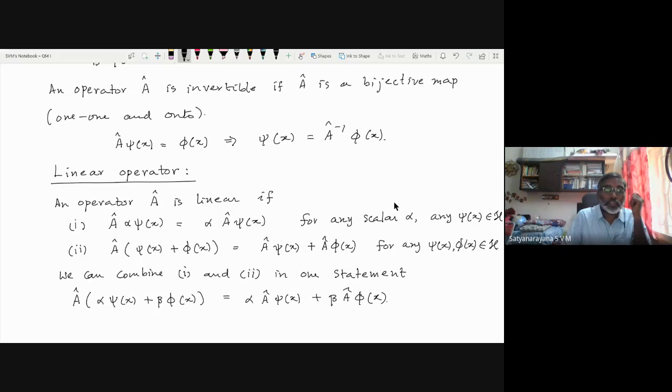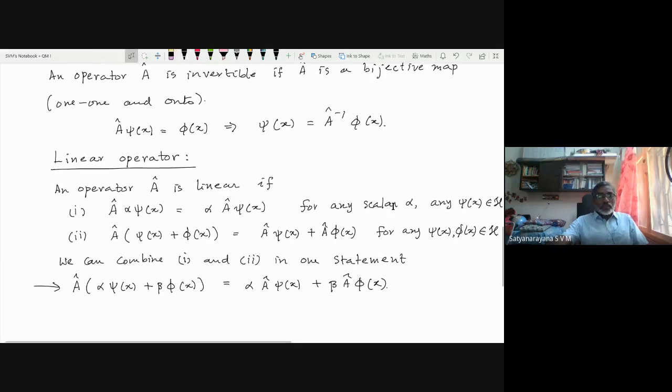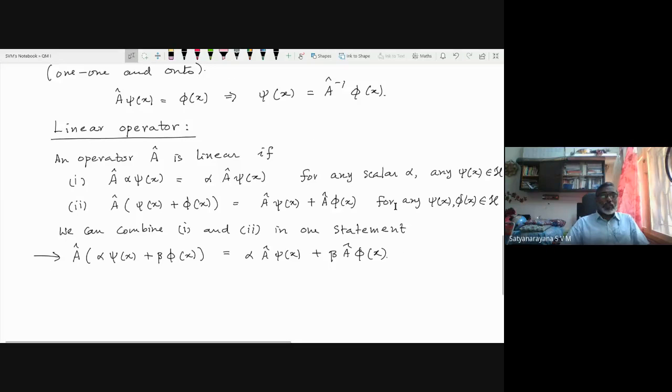Many times in the textbooks you will see this condition given as the definition of a linear operator rather than these two conditions, but essentially this amounts to satisfying these two conditions. So this is what a linear operator is.